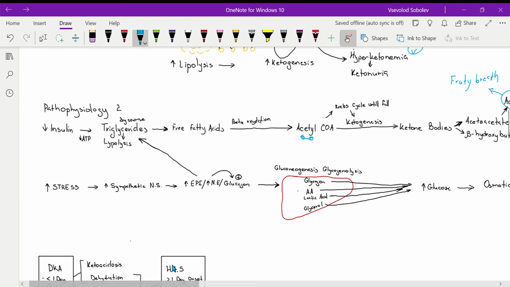This is what happens if there's decreased insulin. Just insulin. But what if there's increased stress, increased demand?